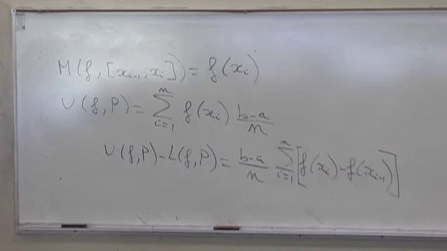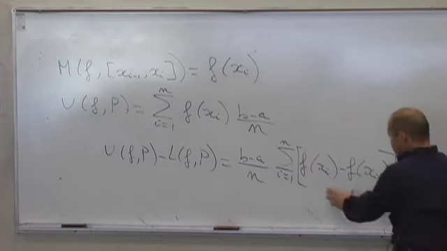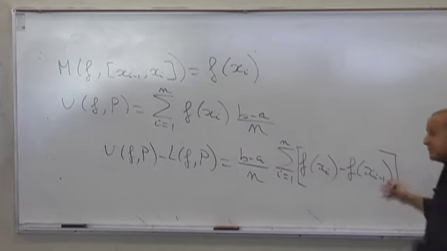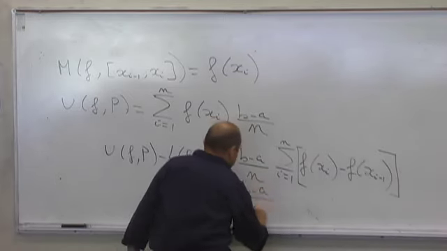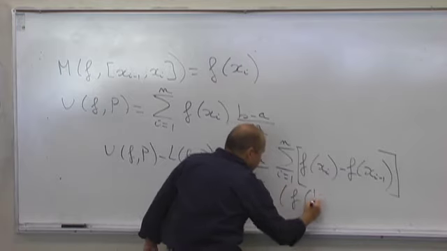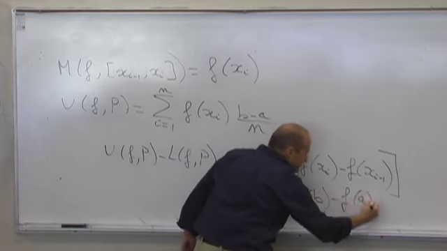Am I going too fast, or are you at the stage where you don't care anymore? I'm just doing some algebra. I have f of xi minus 1 here, I have f of xi here, and I'm doing the subtraction, that's why I get this. This is again a telescoping sum, so we get the first and the last term. So this is (b minus a) over n times (f of b minus f of a).